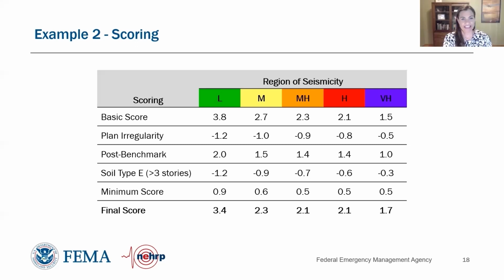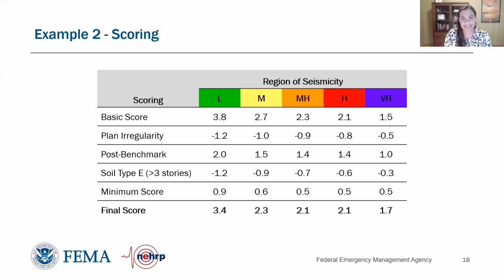I think that the scoring is based on numerical analysis of different building types and how these different key performance indicators affect the chance of collapse. Based on this methodology, for the very high seismicity this building scores a 1.7, so it's below the cutoff of 2, which means that it would get sent.